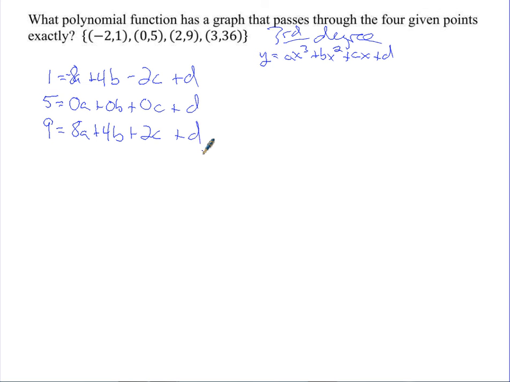And the last one. How come D never changes? Because there's no variable on D. We're substituting in for x and y. There's no x here to substitute a number in for. On this one there is, on this one there is, on this one there is. It's just D all the time. 36 equals 27a. Okay, so those are your 4 equations.